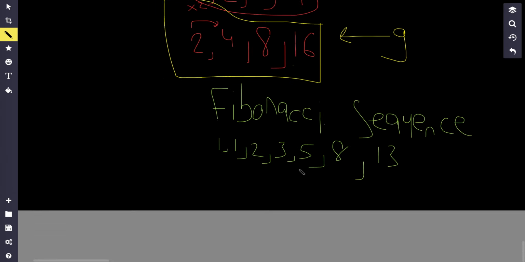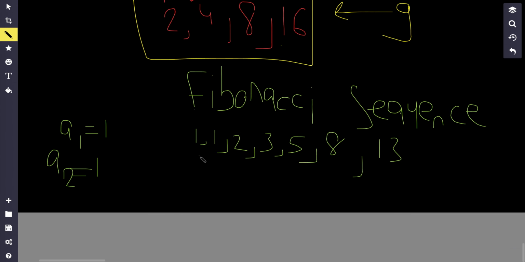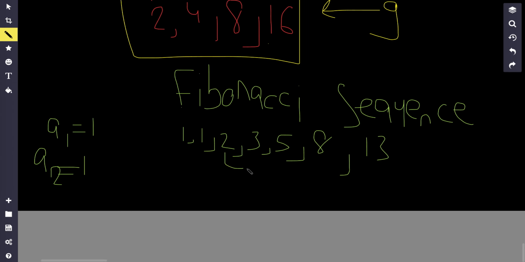So what you basically do is, okay, let's say we start out with our first term being equal to 1 and our second term being equal to 1. Now, in order for us to get to the next term, we add these two numbers together. So 1 plus 1 is equal to 2. In order to get from my third term to my fourth term, I add the previous two numbers to get to 3, right?